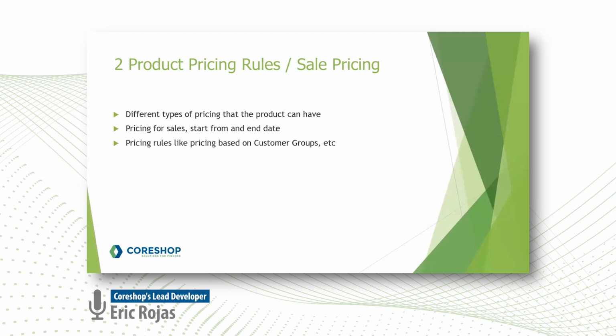And we also may have different pricing for customer groups. So once the user is registered, we can assign this user to a customer and to a customer group, and once we create a product, we may assign special pricing for this customer group. Those are some of the rules that we can apply. We can apply rules by quantity, rules by some other customer attributes, or even some other product or cart attributes.